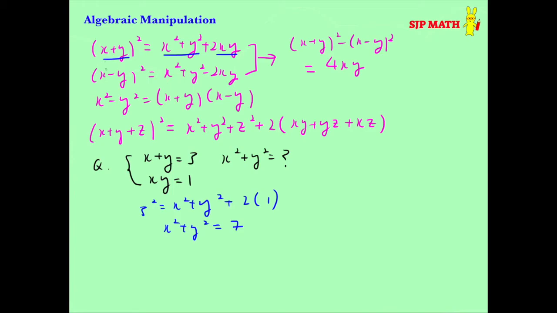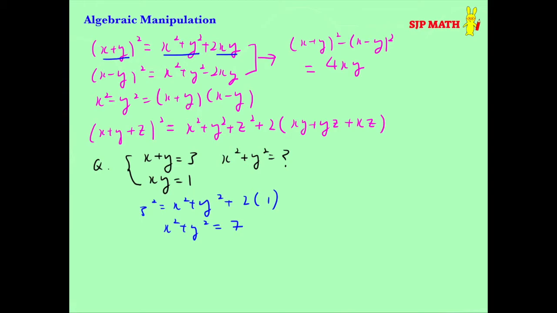So these identities are not just identities. We can now view them as identities that are relating different expressions, not different variables. Here we relate x plus y with x times y and x squared plus y squared. So if we know the sum of two numbers and their product, we can find the sum of the squares of the numbers straight away using this formula.